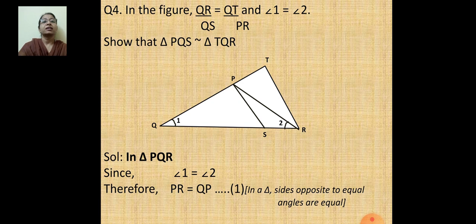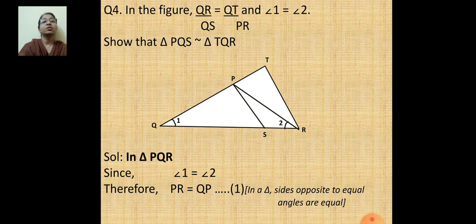In the bigger triangle PQR, the base angles 1 and 2 are equal. And you know, in 9th standard you have studied, sides opposite to the equal angles are equal.